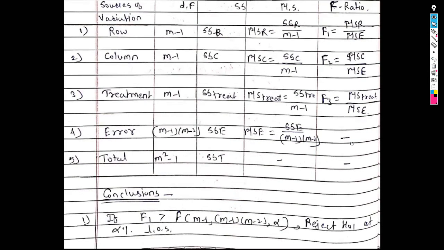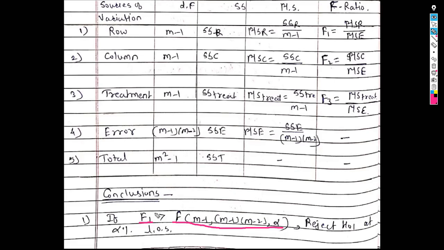So with the help of these variance ratios, we make a conclusion about our above hypothesis. So what is the conclusion? If our F1 is greater than the F critical value. What is the F critical value? It is F with m minus 1, that is row degrees of freedom, comma the error degrees of freedom m minus 1 into m minus 2, at alpha percent level of significance.